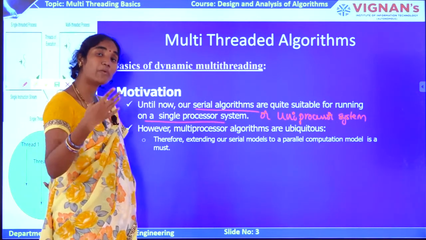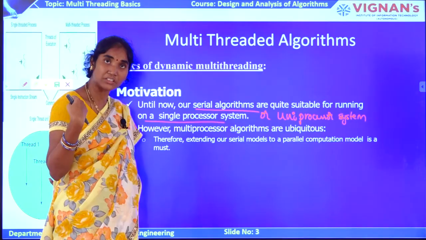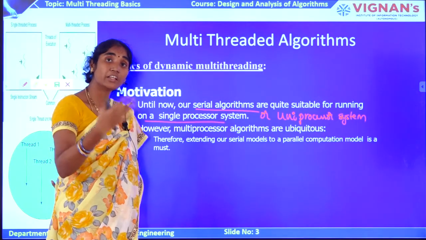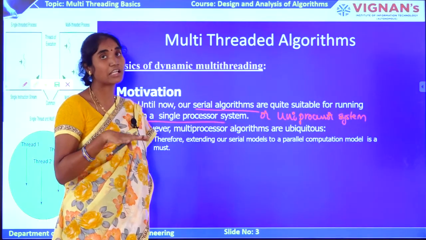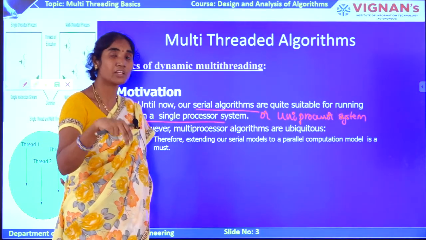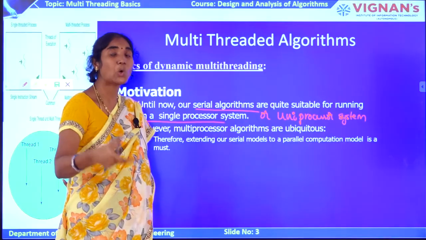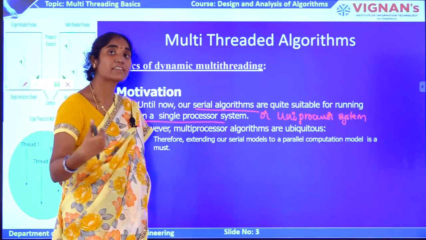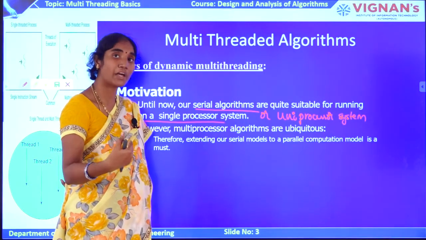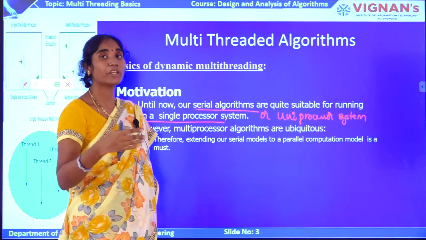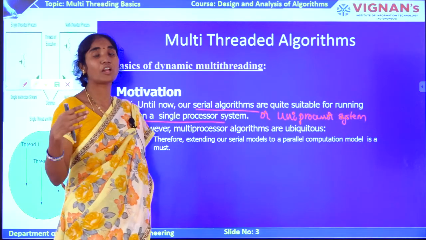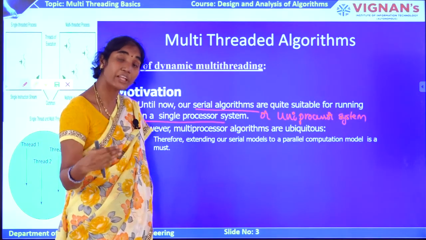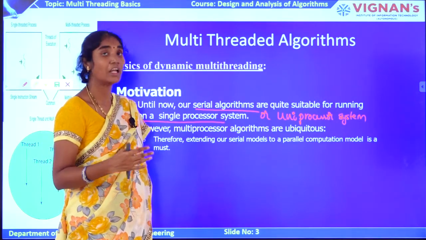So I want to extend my application in such a manner that, as it is running at present on a single machine, single processor, I want to execute it on a multiprocessor machine, so that it will be executed fast compared to the previous one, because whenever we execute our processes or application on a multiprocessor, it will be executed very fast compared to a single processor system.